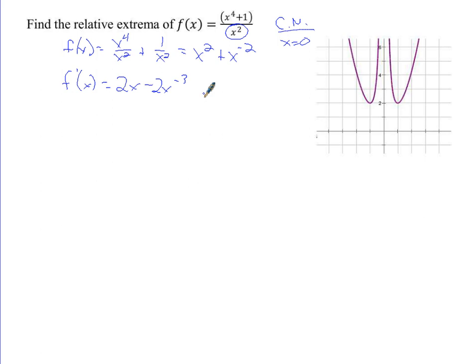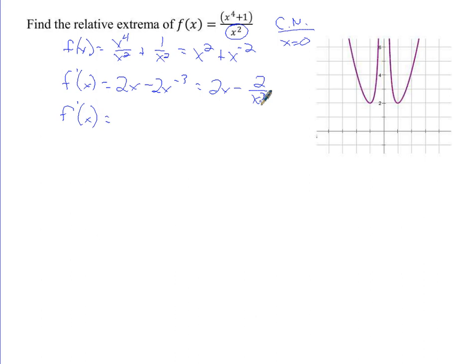Right? Okay, calculus is over. Algebra time. Rewrite this: 2x minus 2 over x to the third. I don't want to lose any roots, meaning I don't want to just leave it like this and then wind up dividing both sides by x or something. That would lose a root for me. So I'm going to make a common denominator.